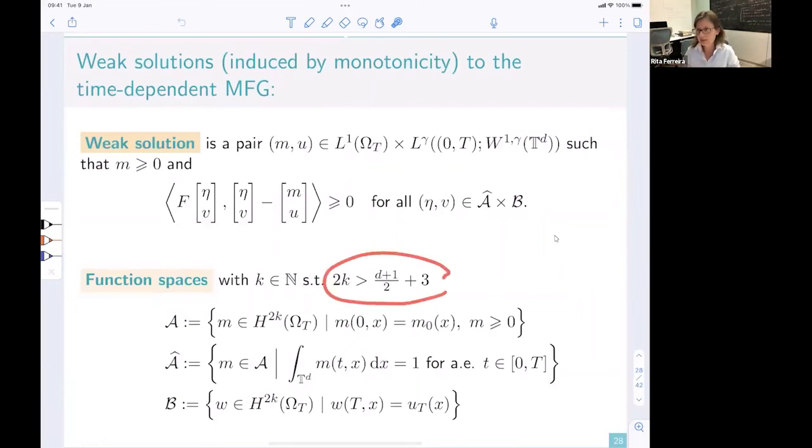Here I'm quantifying the K that depends on the dimension. And this, as I said before, is to be able to use some embedding theorems, but this is the definition that, like I said, I hope by now there is not much secret to.